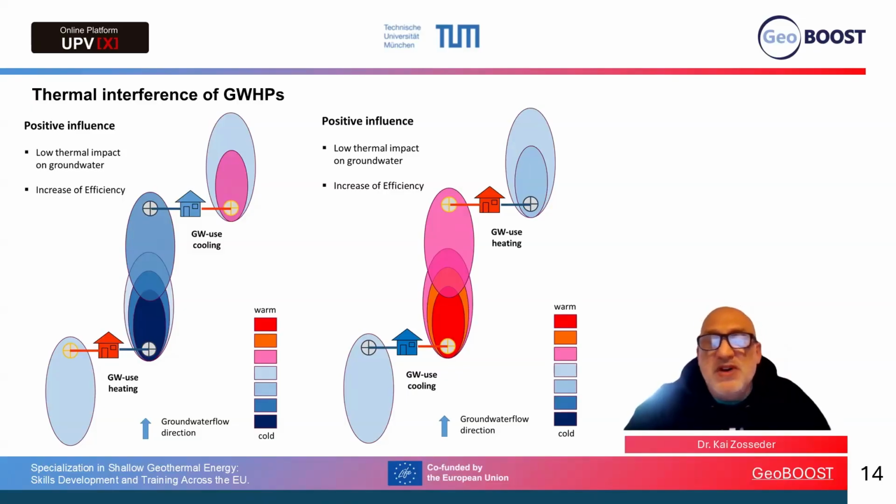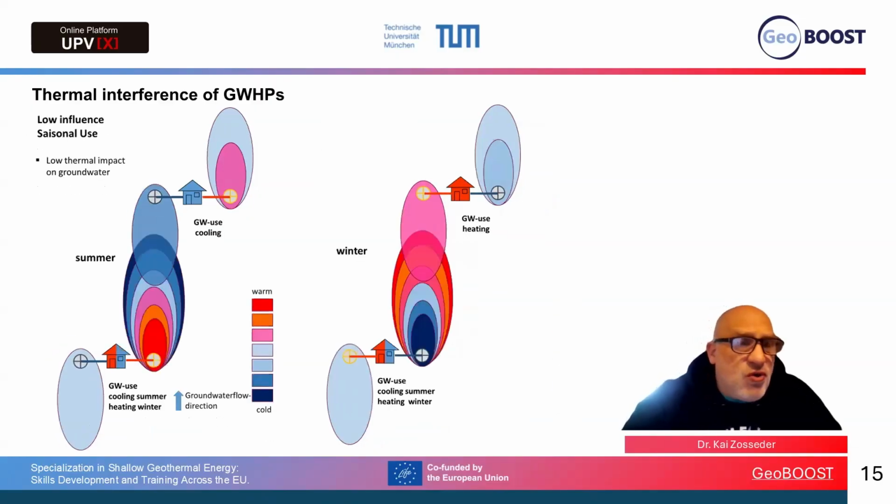And this can also happen, of course, for heating. If you use the groundwater for cooling upstream and use the groundwater for heating downstream, then the downstream system gets a warmer temperature, and that increases the efficiency because the heat pumps do not need so much electrical energy.